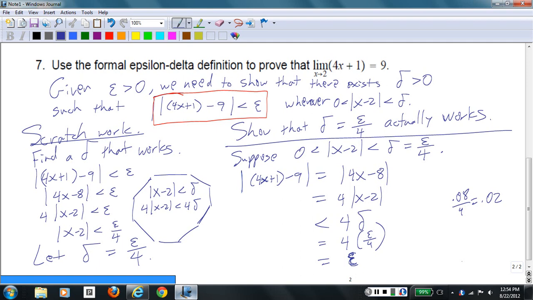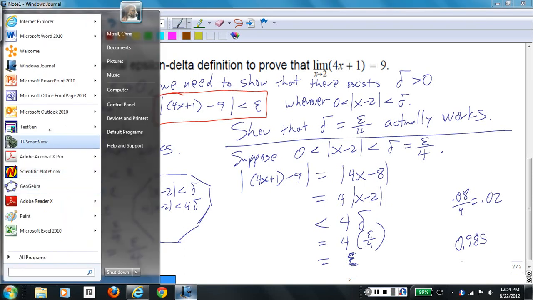What's such a number? How about 1.985? Is that close enough to 2? Is that within 0.02 units of 2? What if we evaluate our function?